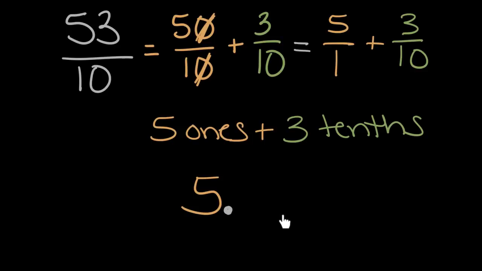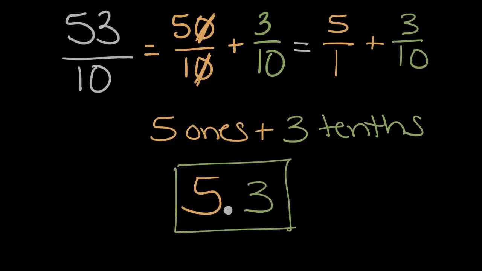And to the right of the decimal is tenths, and we have 3 tenths. So 5.3, or 5 and 3 tenths, is equal to 53 tenths. To write 53 tenths as a decimal, we will get 5.3 because it was 5 ones and 3 tenths, which we showed right here, 5 and 3 tenths.